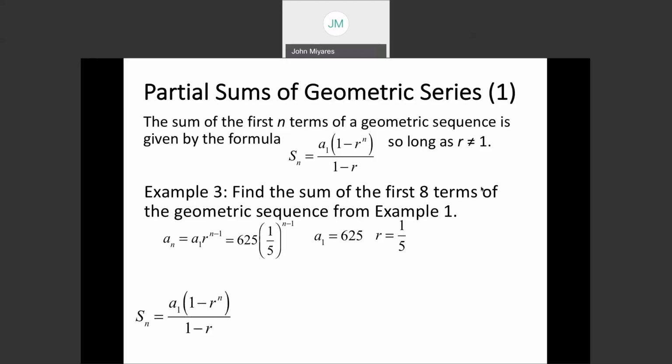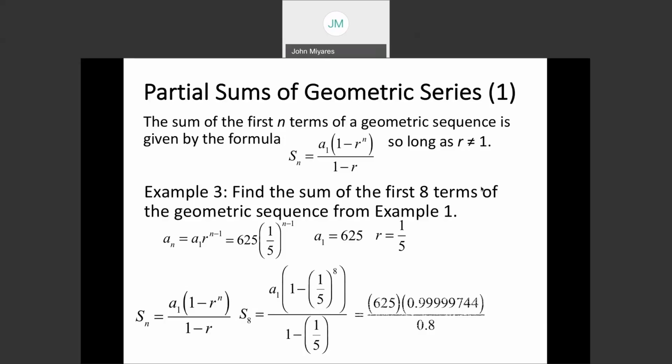Applying this formula here, we can substitute in r equals 1/5 into both places, and n equals 8, and a sub 1 equals 625. From there, we can very carefully use our calculator to evaluate each piece of this expression, which can then divide out to simplify as 781.248.